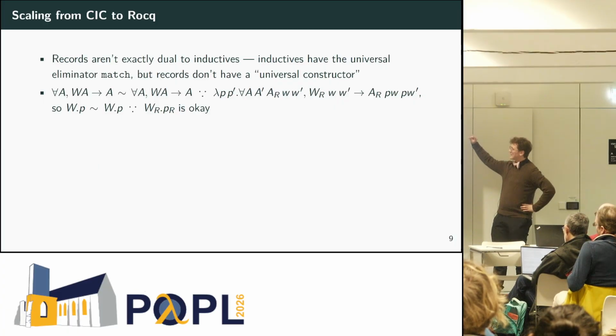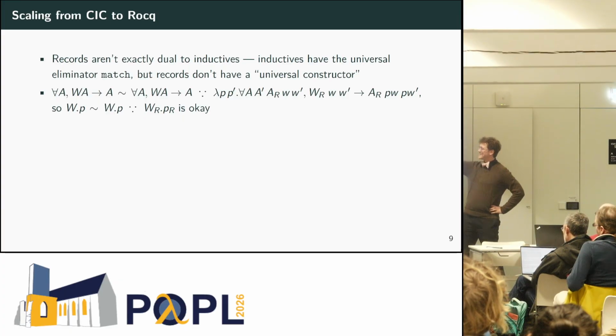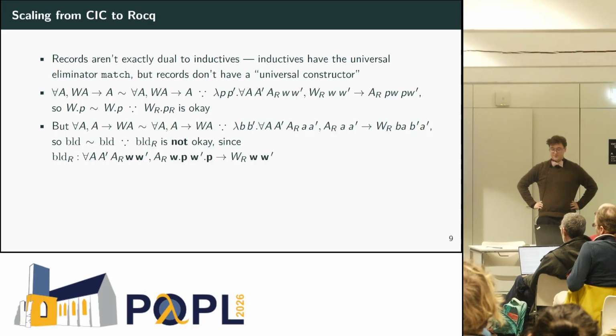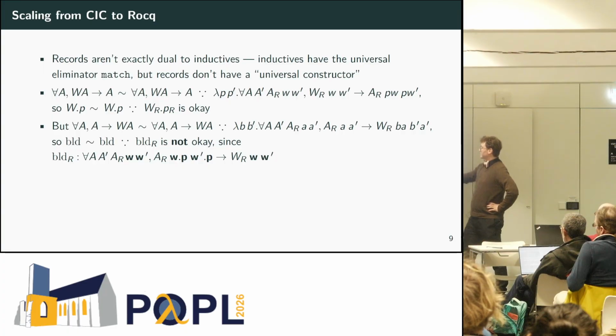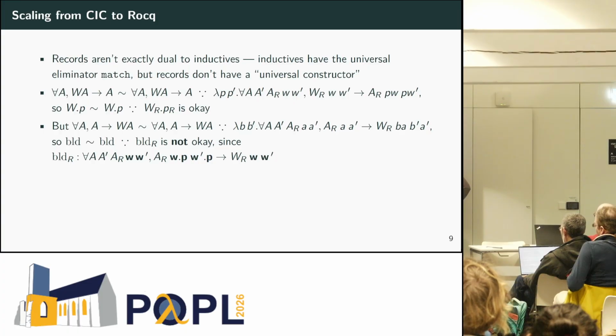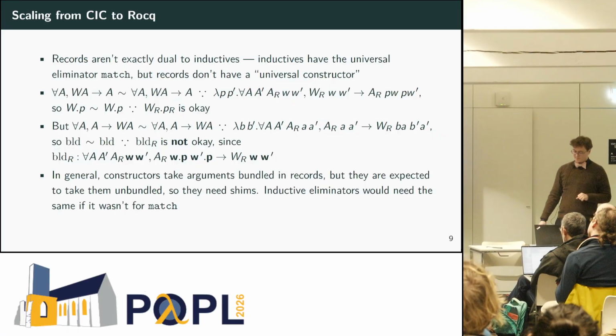We observed that relating projections by projections is okay. You just need to trust me that this justifies that this relation is okay, because all of these things have the right types. But if we try to do the same thing for the constructor, that's not okay, because here we're assuming that the constructor should have all of the arguments of the fields unwrapped, while actually the real constructor that we are trying to use here has the arguments bundled as instances of the original record.